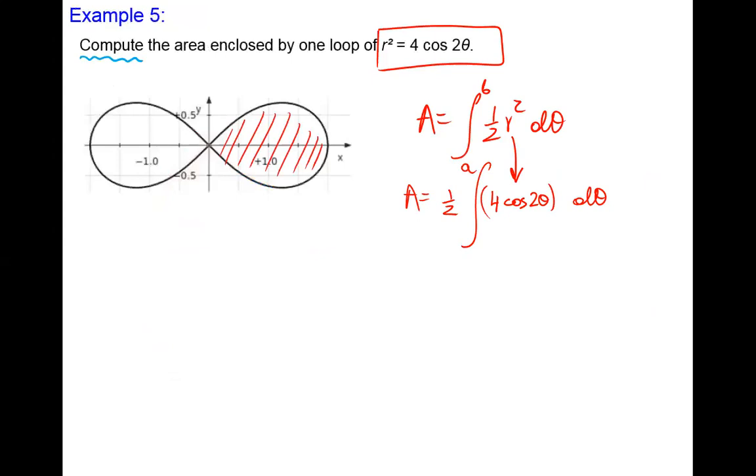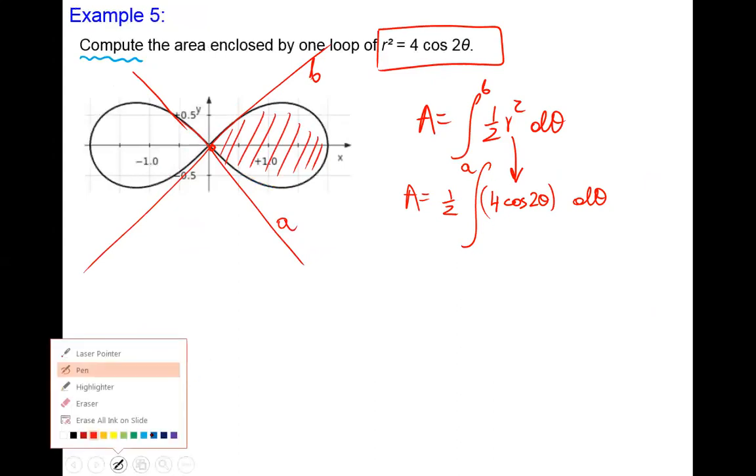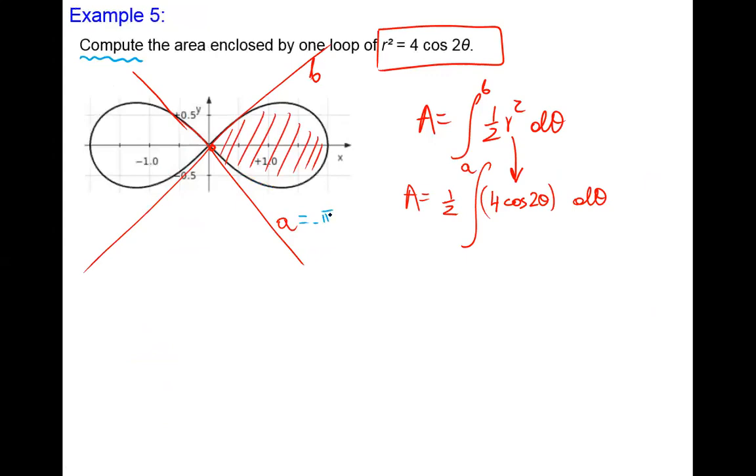Okay, limits of integration. Do you remember we did these limits? It's the same shape. That means these lines are the limits of the angle A and angle B, exactly halfway between 0 degrees and 90. That means you answered this question.